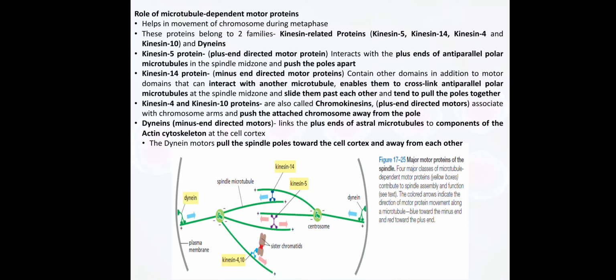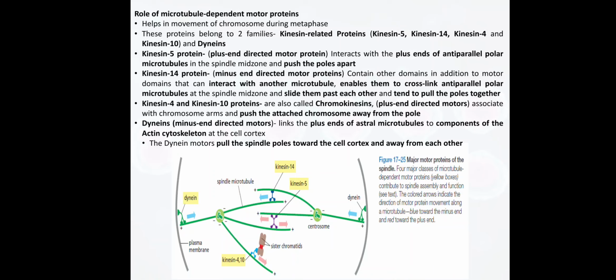While kinesin 4 and kinesin 10 proteins, also called chromokinesins, are plus end directed motor proteins that associate with chromosome arms and push the attached chromosome away from the pole.